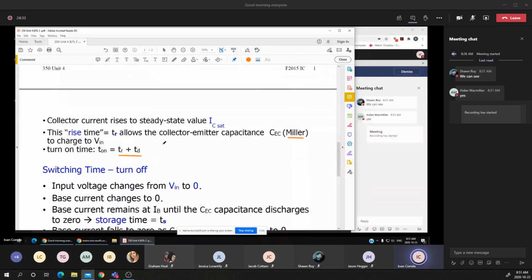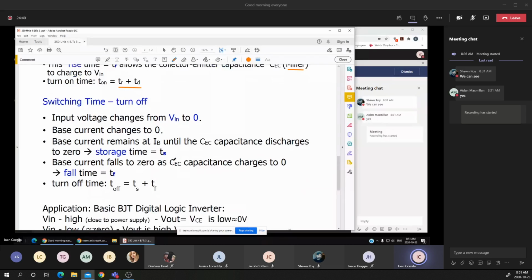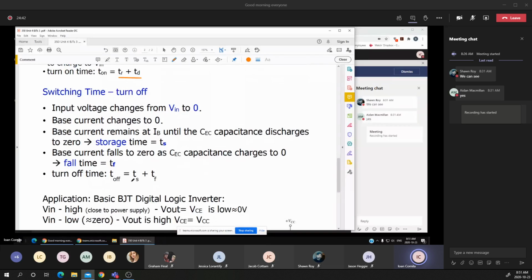The other two parameters, the turn off time, are TS, which is the storage time, again based on the capacitance between the two junctions, and the falling time, which is TF.